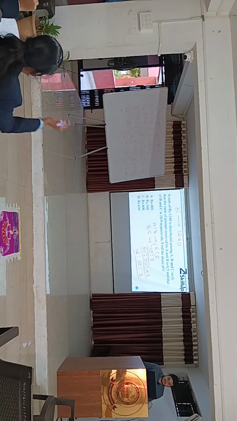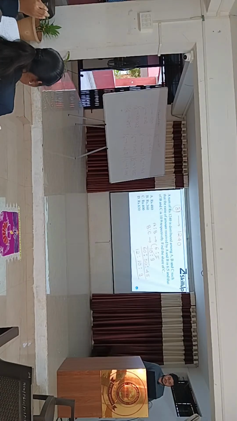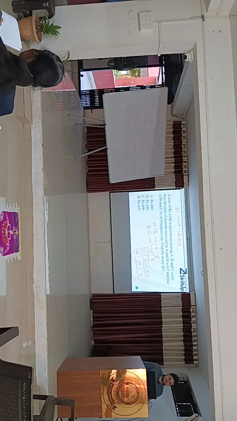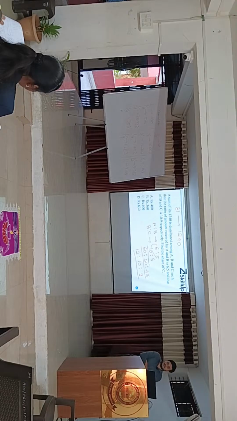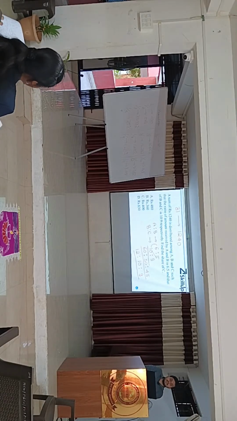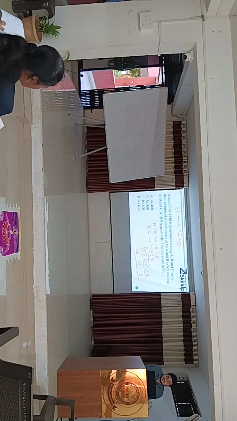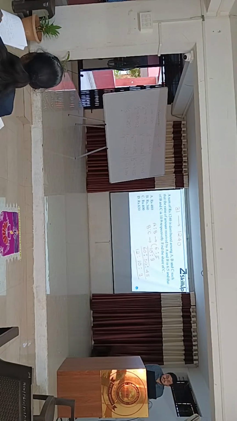3 4s are 12. 1 4 is 4. That is 124. So 31 into 4 is 124.